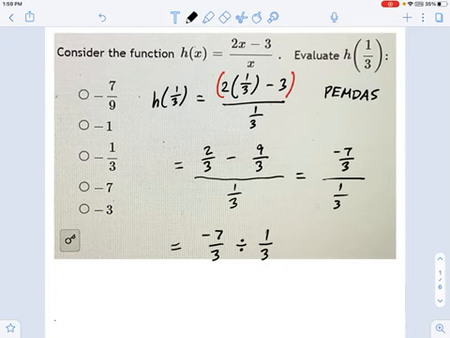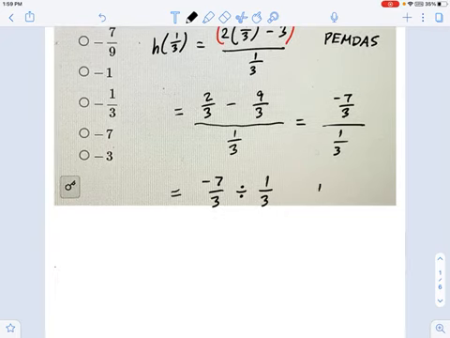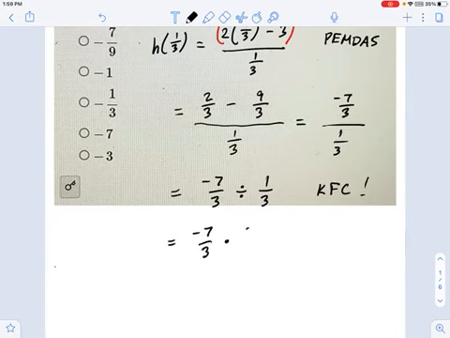The reason I like old-fashioned division symbols is because that lets me do keep, flip, change. However you learned it is fine. The important thing is you change division to multiplication, and you flip whatever came after the division upside down. So negative 7/3 times 3/1, the 3's cancel out, and we get negative 7 as our result.